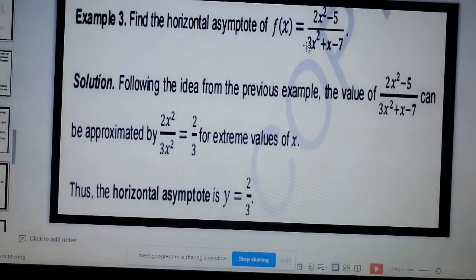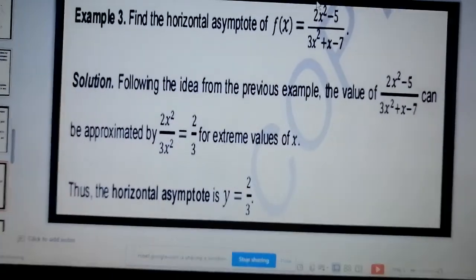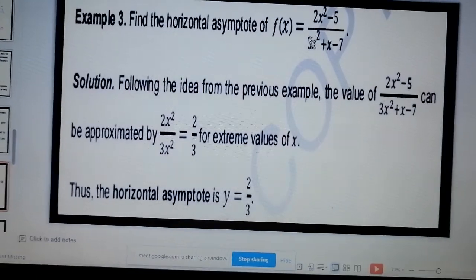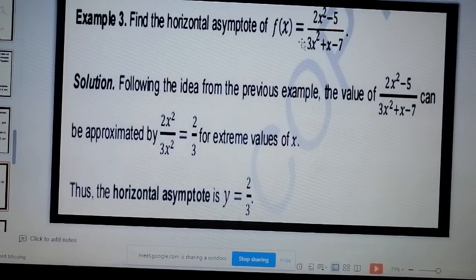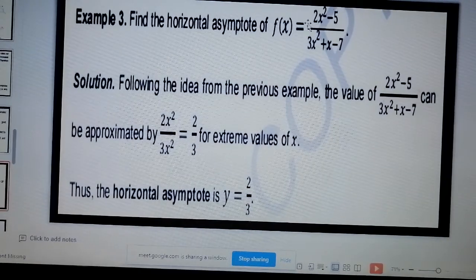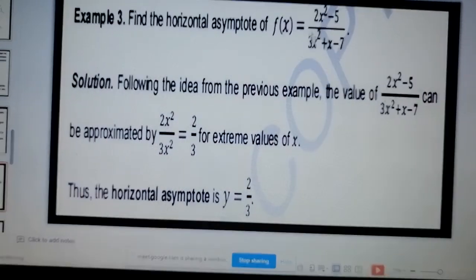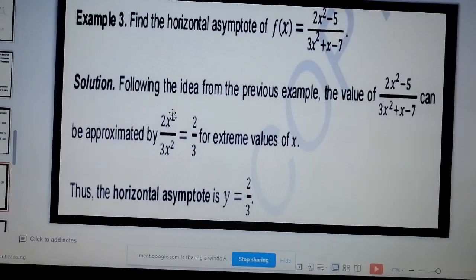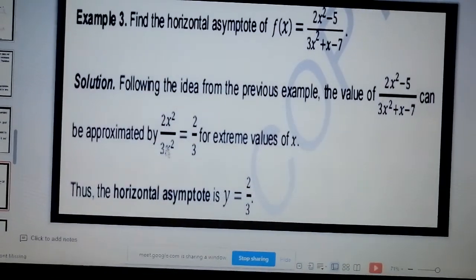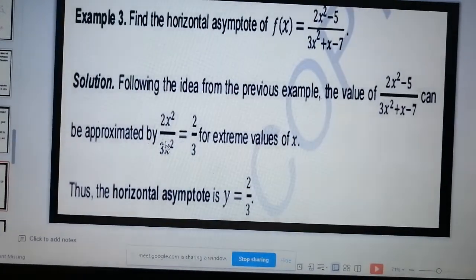Tama ba? Okay. Kunin lang natin to para makuha natin yung horizontal asymptotes. Okay. 2x squared divided by 3x squared, we cancel out the x squared.